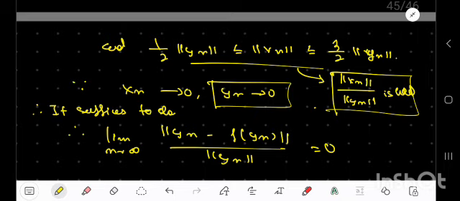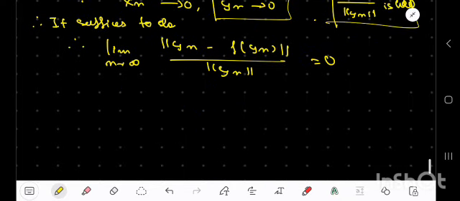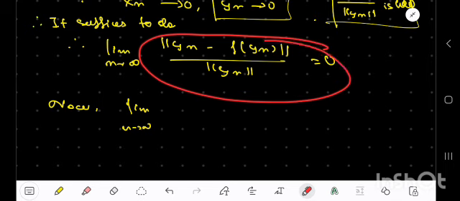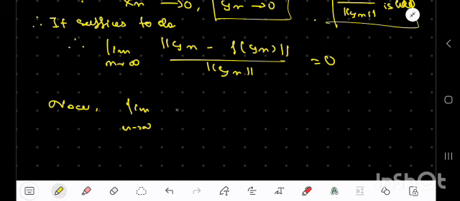Once we have this, we can write this as the limit as n tends to infinity. This complete thing can be written, with a slight adjustment, in this form: f of y_n minus f of 0, because f at 0 is 0, minus f prime at 0, which was the identity, applied to y_n minus 0.